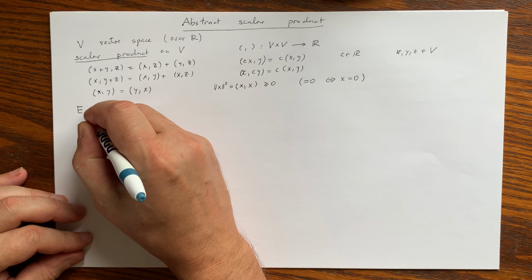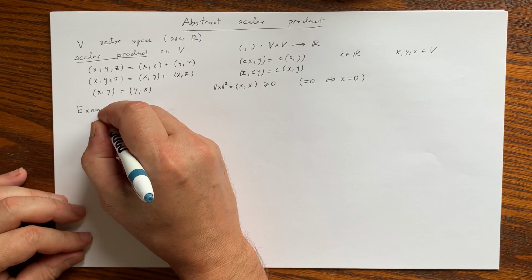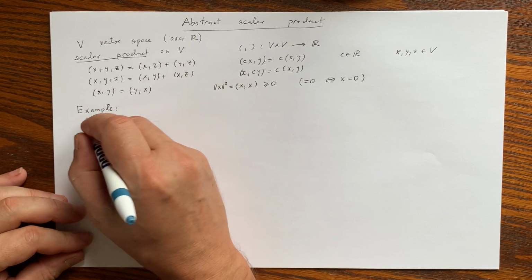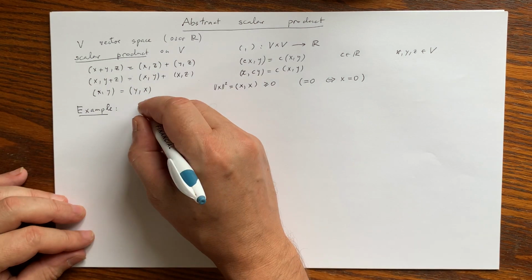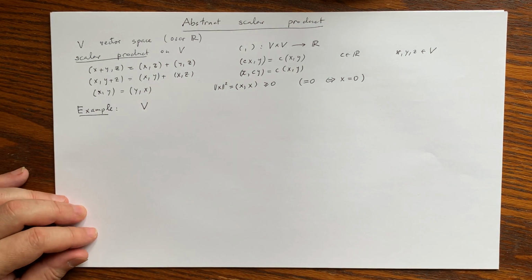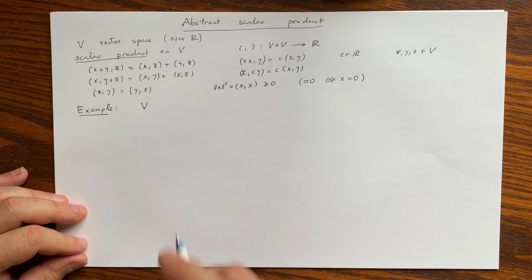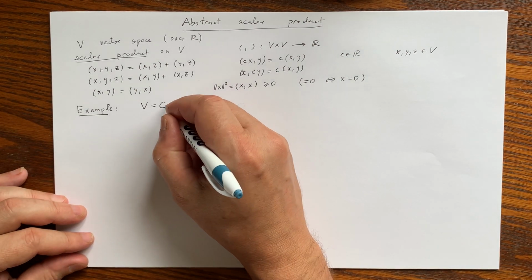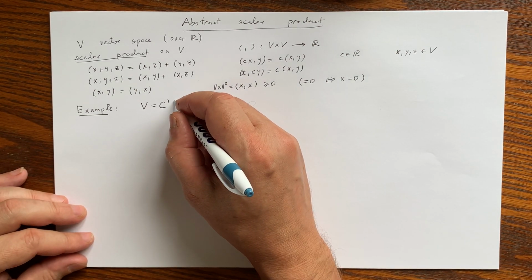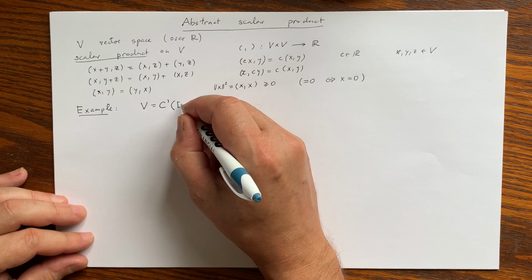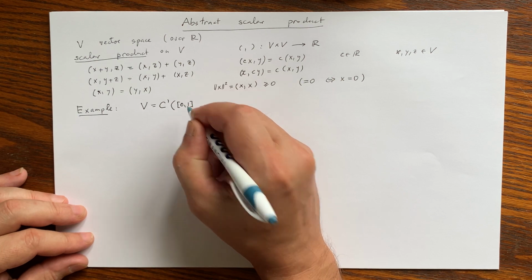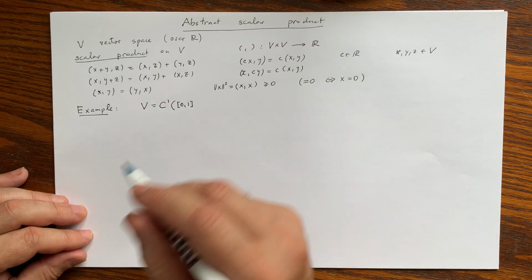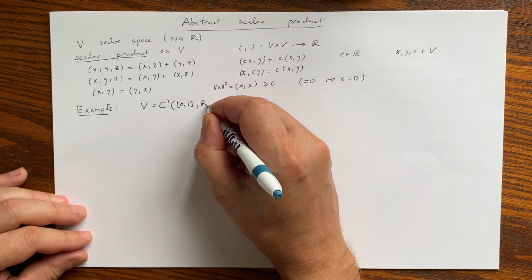Let's look at the main example, at the reason for doing this abstraction in the first place. The vector space will be big, infinite dimensional, so there is no way of representing this vector space as a space of coordinate vectors. Nevertheless, such functions are quite possible. Let's imagine the space of continuous functions on a closed interval, say the unit interval starting at 0, ending at 1, with real values.